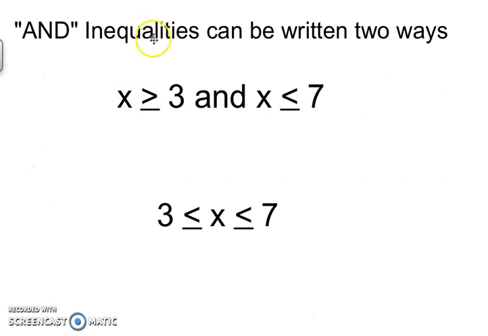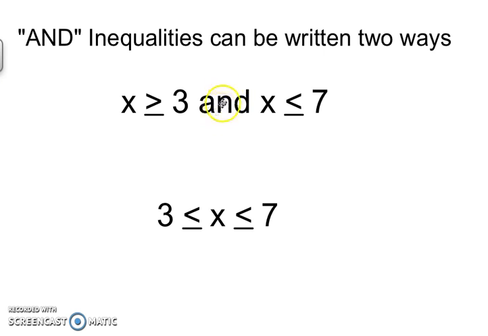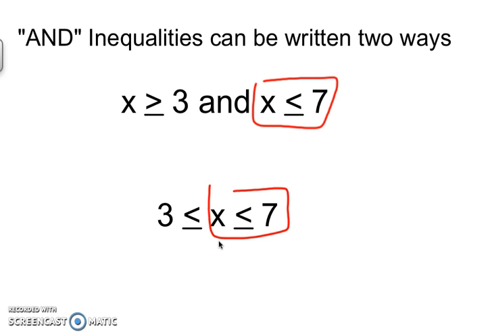"And" inequalities can be written in two different ways. They can have the word "and," like you just saw, or they can be all squished together like so. How you get from this to this is pretty simple. Notice the inequality looks the same; they literally just wrote x is less than 7 right here. But notice the smaller number is kind of switched around. They put the x in the middle, the 3 on the left, and had to match that sign.